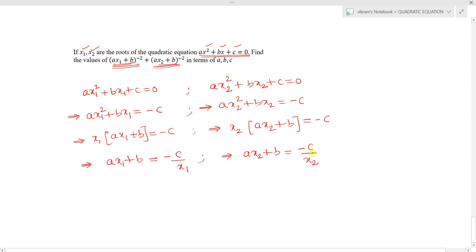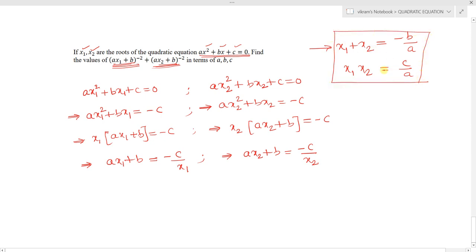We are given that x1 and x2 are the roots of this quadratic equation. Then the sum of the roots x1 plus x2 equals minus b by a, and the product of the roots x1 x2 equals c by a.